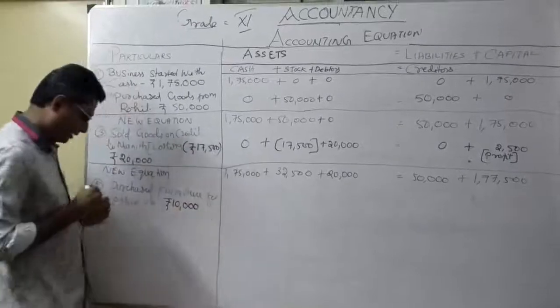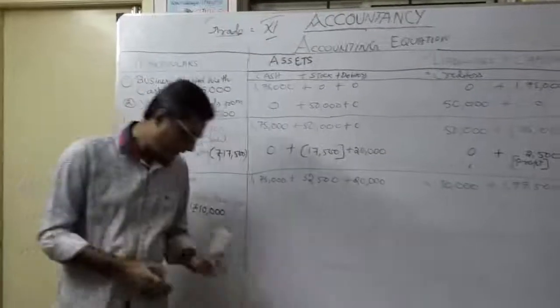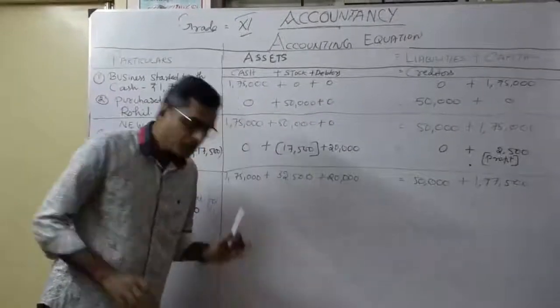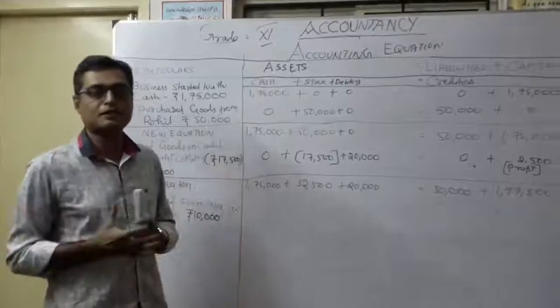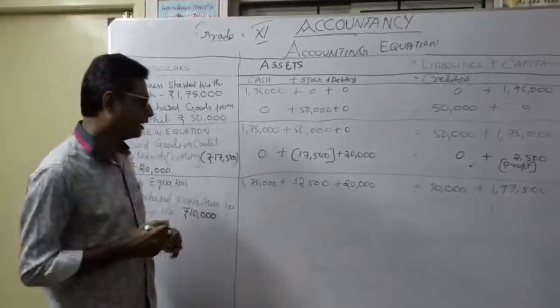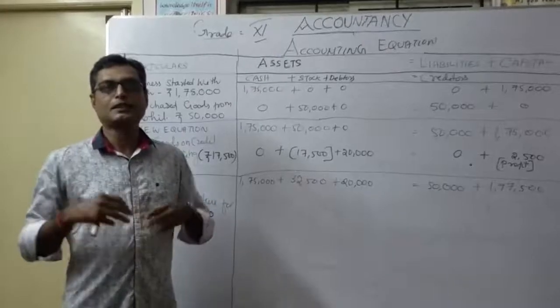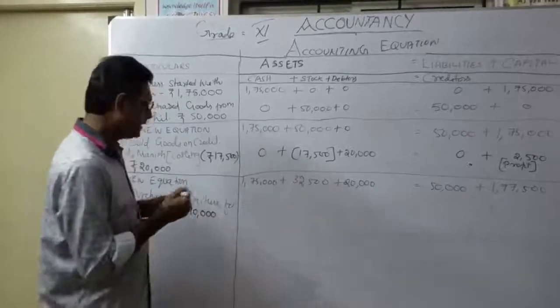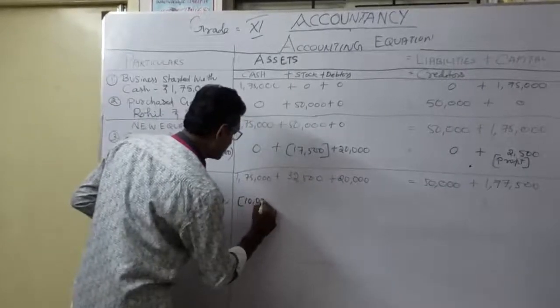Here you purchased furniture for office use for 10,000. Okay, what is mentioned here? Cash. So that's the idea here. So purchase of furniture for office use, how much? 10,000. So when you go to the market to purchase furniture, what will happen? We pay money, correct? So naturally our cash reduced. That's why within the bracket I put 10,000.